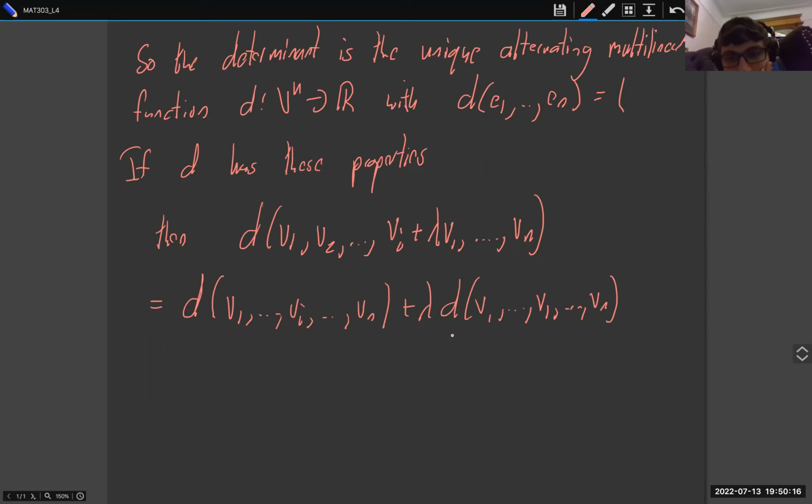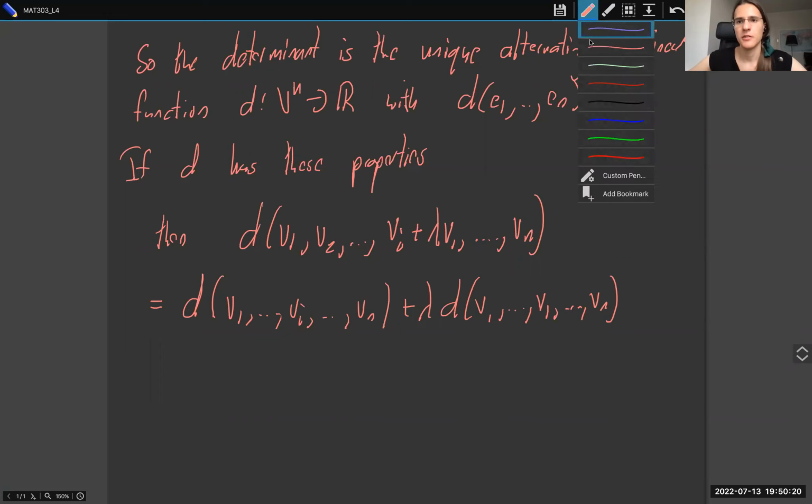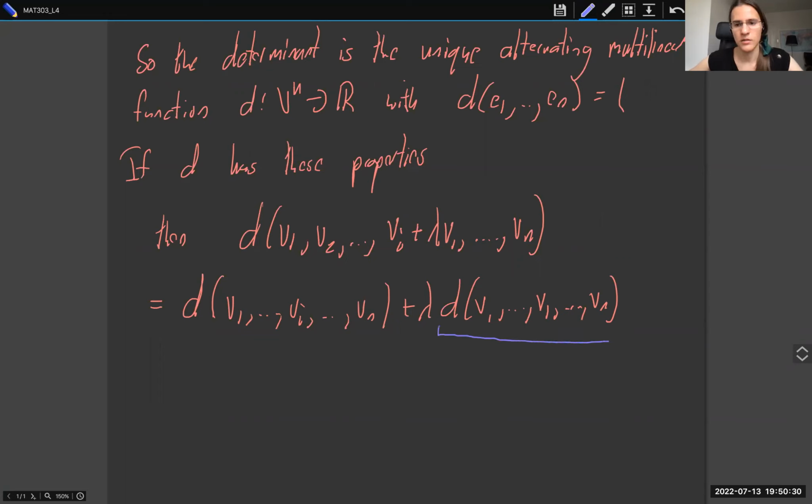Now, what can you tell me about this expression right here, using the alternating rule? What happens if I switch V1 with V1? Then what do I get? Oh, so it has to be 0, because it's equal to negative itself, right?